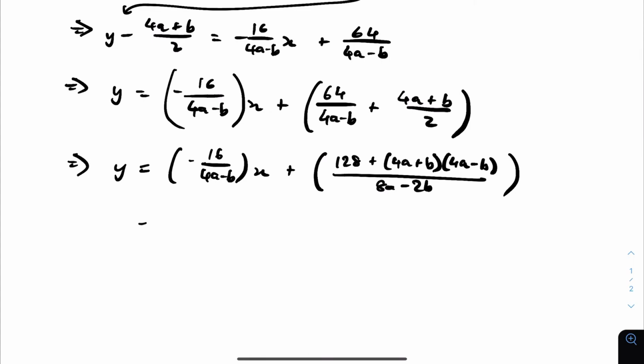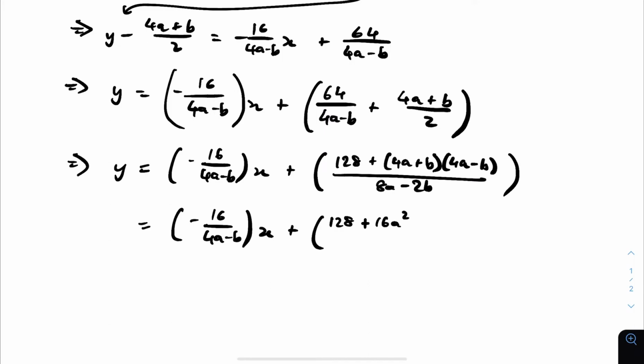So we get negative 16 over 4a minus b x plus 128 plus 16a squared minus b squared over 8a minus 2b. And now what we do from here is we equate by parts.